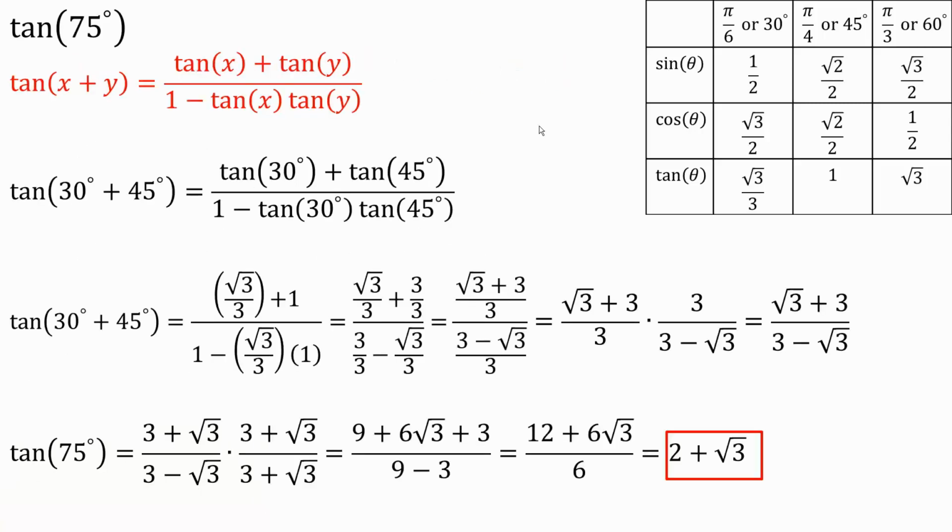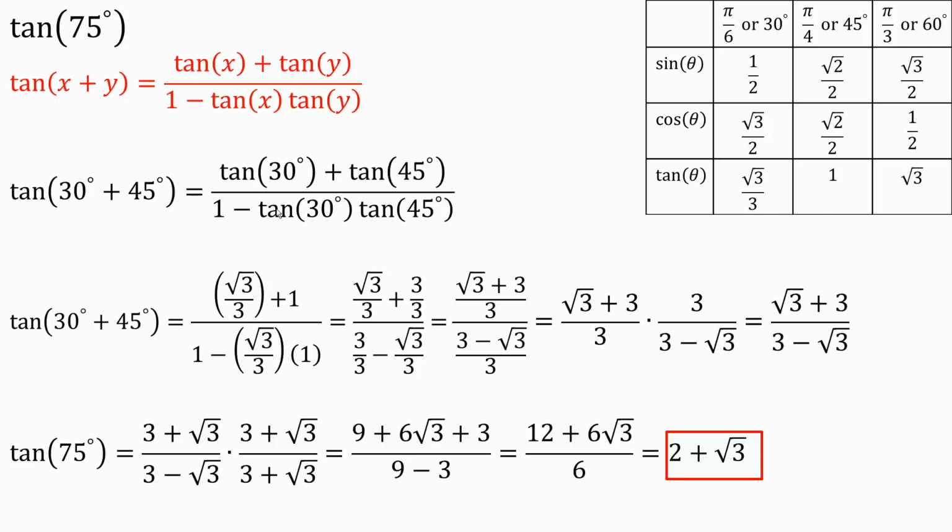And now for the last problem, tan 75. So there's no 75 in this table, but there is 30 and 45. So we can say tan (30 + 45 degrees) and use this formula here. So we would get tan 30 plus tan 45 divided by 1 minus tan 30 times tan 45. We know that tan 30 is going to be the square root of 3 divided by 3, and tan 45 is 1.